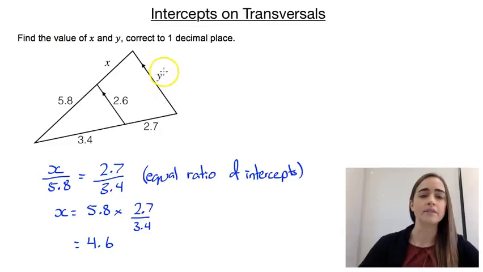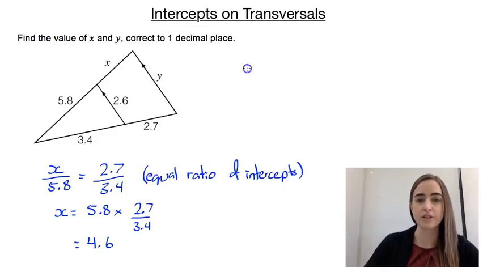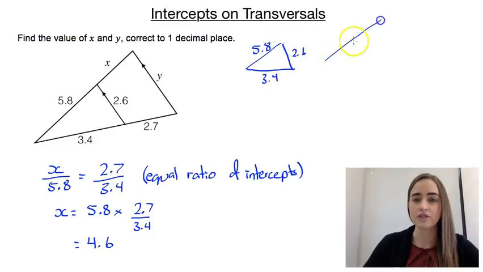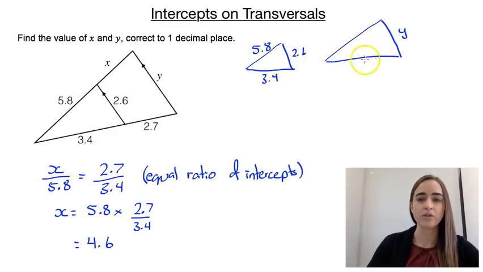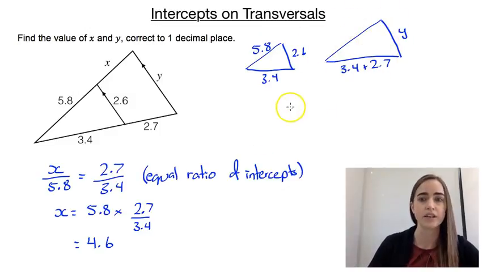If we then look at y, I want you to start thinking more about similar triangles instead of these ratios that we've been doing. So if we draw these two triangles separately for a second so that it's a little bit easier to see, we've got 3.4, 2.6 and 5.8. And then in this larger triangle, we've got our y here, but we also need to know the length of that whole side there, which would be our 3.4 plus our 2.7. And we could do the same thing on this side as well, but we don't actually need more than one. We only need to be able to match up two pairs of corresponding sides.